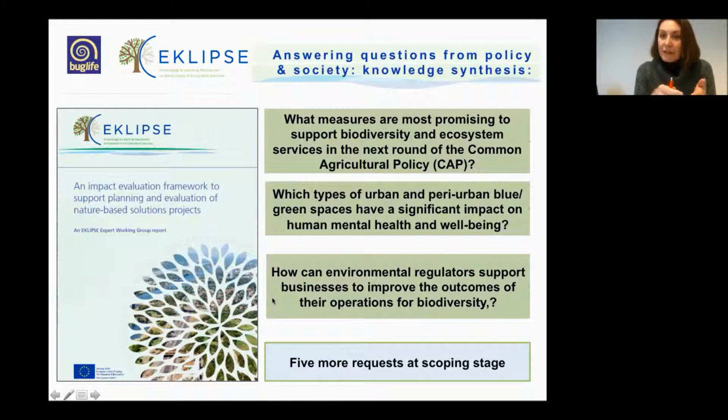Those activities can be knowledge synthesis, and you will see here some of the questions we received and selected that are currently being tackled by Eklipse. Some are already completed, for example, nature-based solutions, but we are also working right now on the agricultural European policy or on mental health and natural space.